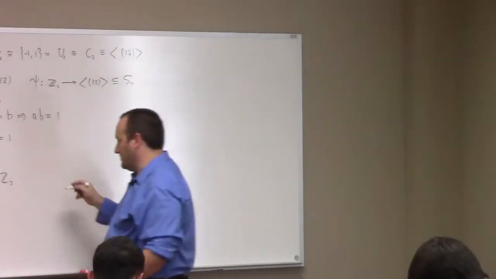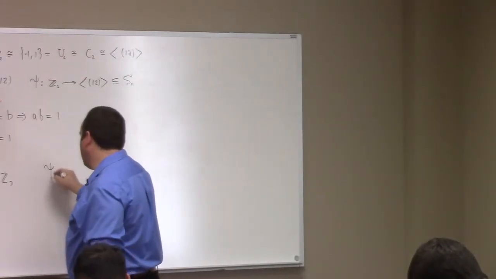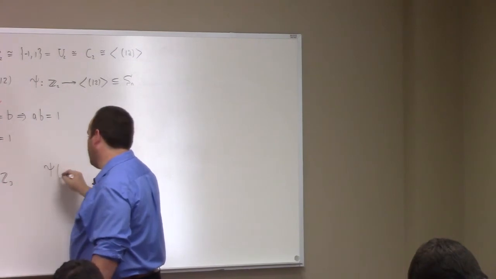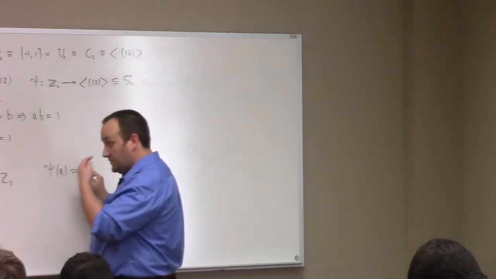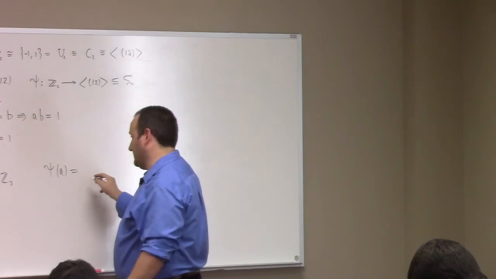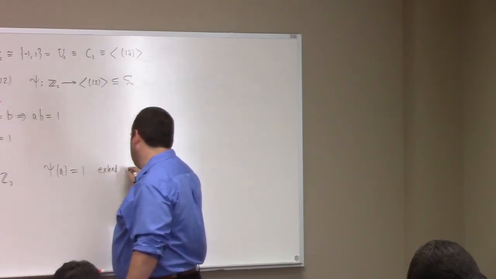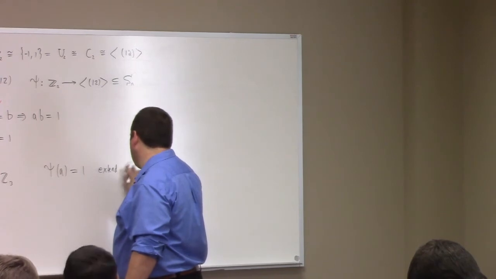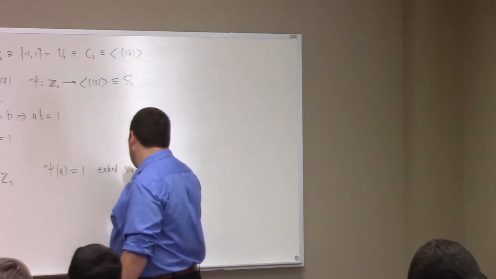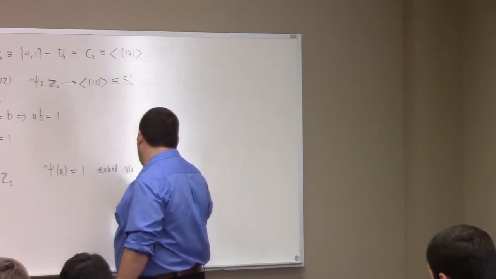Now the isomorphism we can define by just saying psi of A is equal to 1, and then extend via the group operation. What do I mean by that?